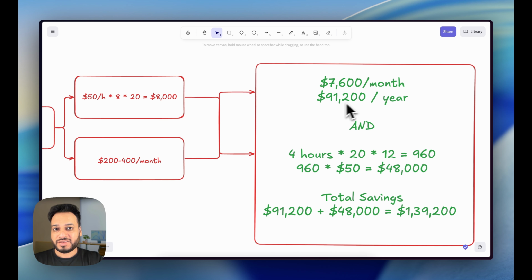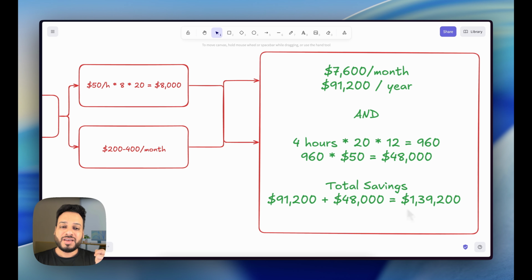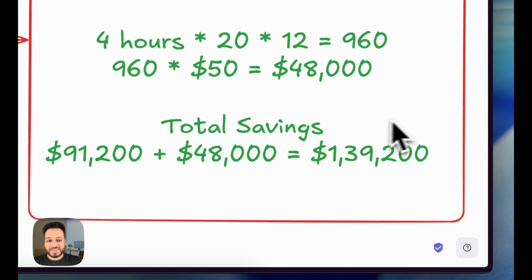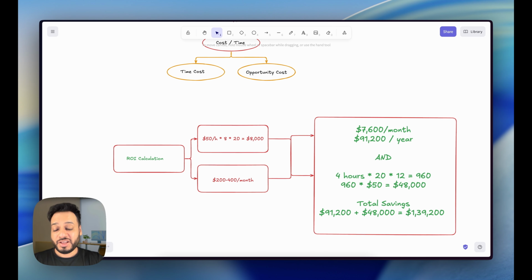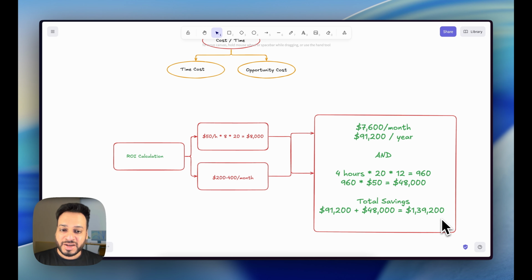And if I add this, you're saving well above 100K, and the number is $139,200 to be precise. This is the saving that you will make if you're deploying this agent, and you can also say that you will earn back this money which you would have otherwise wasted.